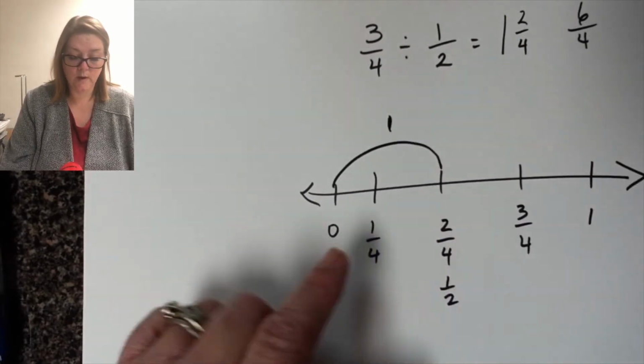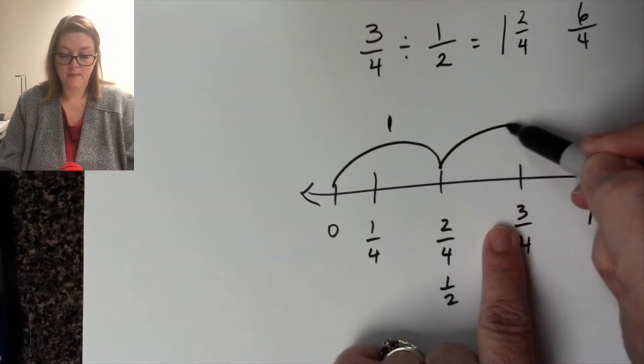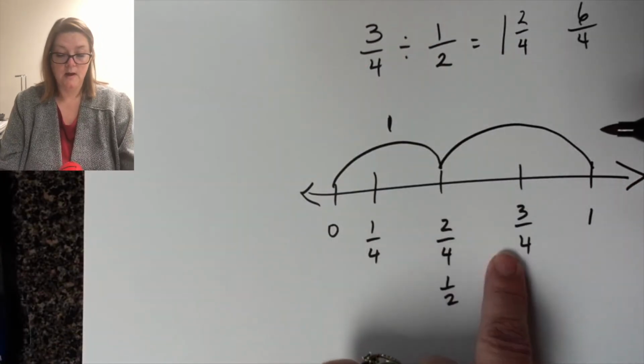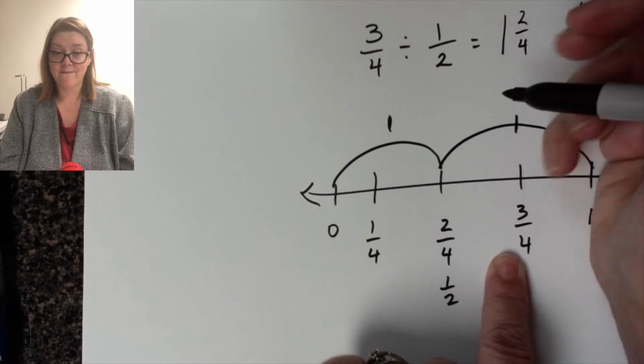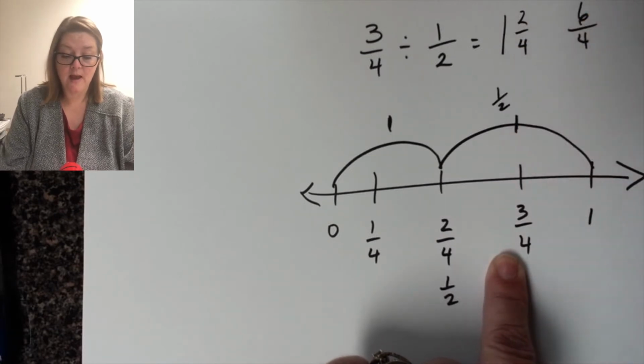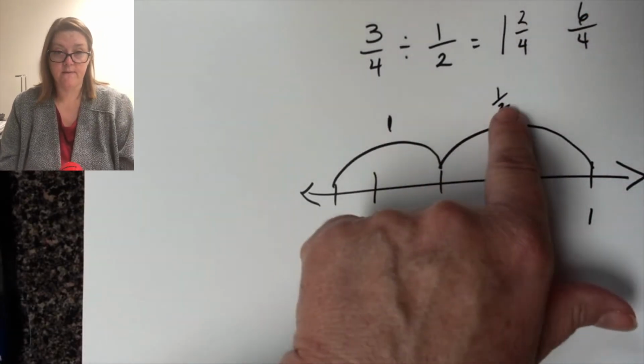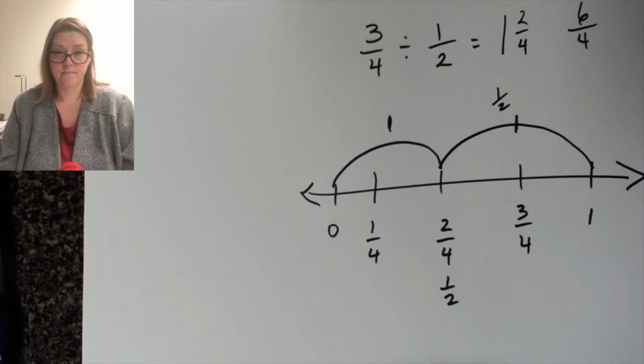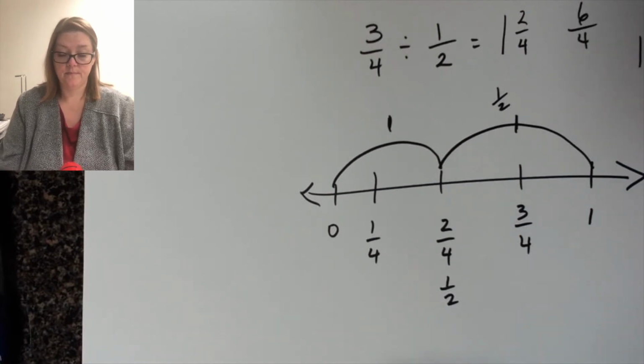So this is 1. And if I'm looking over here, I don't have another whole half, but I have a half of a half. So it's 1 1/2. Again, 1 1/2.